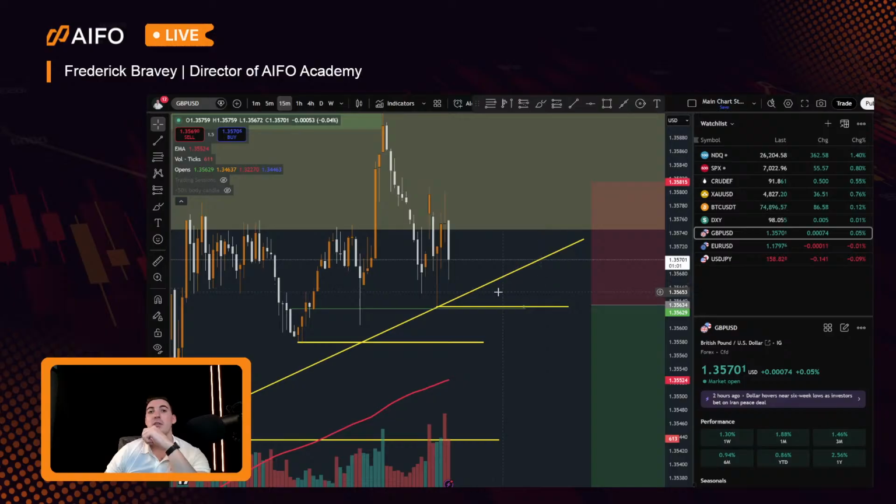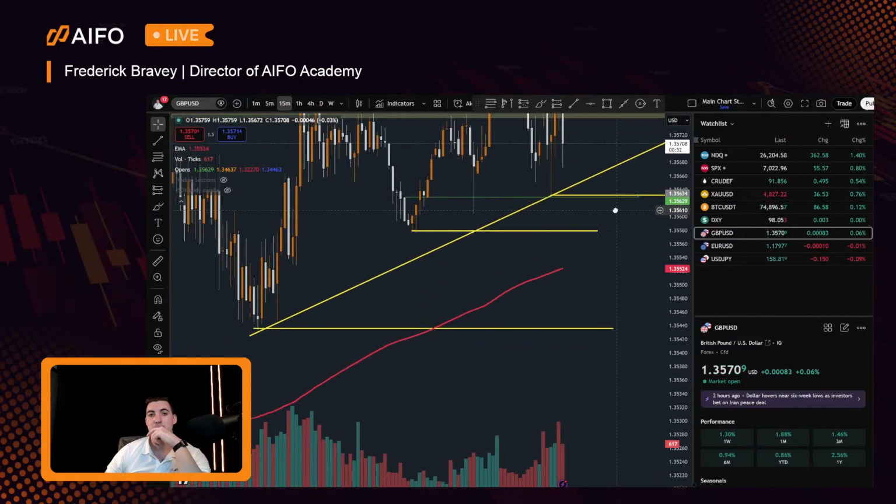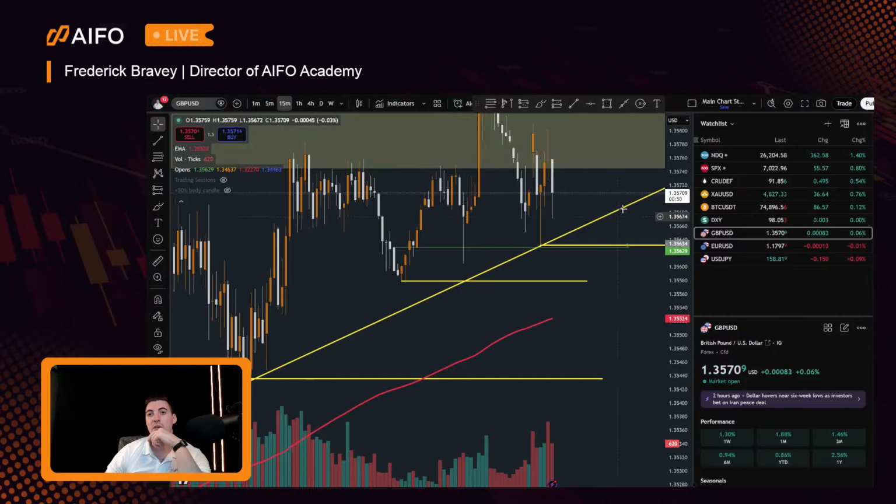You would want to wait for that to be a full body break, and that will give you a nice indication that the price does want to come down. But it's just struggling here. Look at that. It's just creating this ascending trend line.